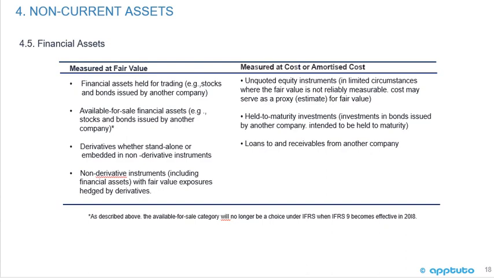And then we have to look at the measurement of those financial assets. Some are measured at fair value. For example, financial assets held for trading, stocks and bonds issued by another company, and financial assets that are available for sale are also measured at fair value.